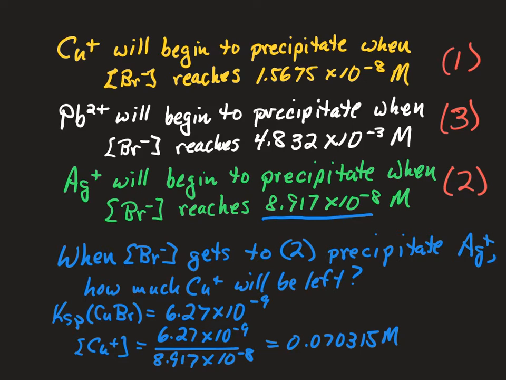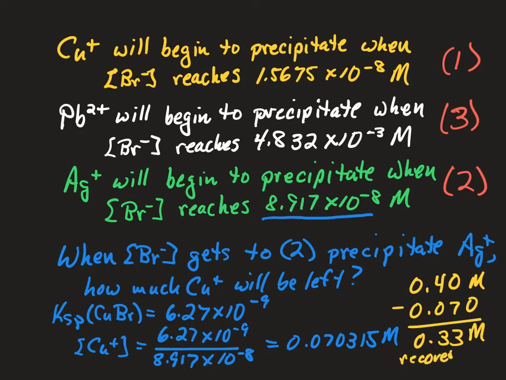And so we had 0.40 molar at the beginning. We now have approximately 0.070 left, which means we recovered 0.33 molar as precipitated copper bromide.